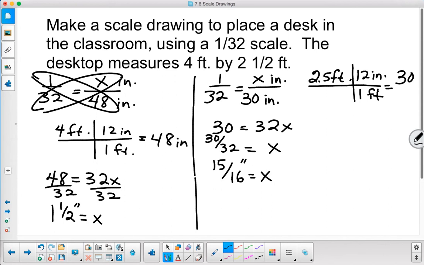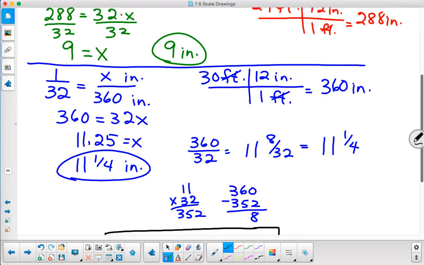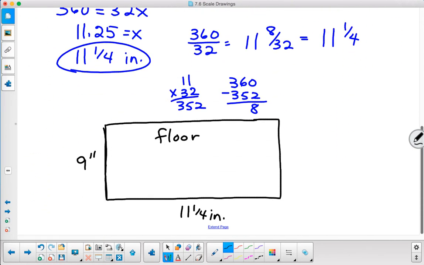So I'm going to go back to my picture and just give you an idea of what to do. So in this floor, we're going to put a desk somewhere. And that desk, I remember 15/16 and I think it was 1 and 1/2 inch. So actually measure, looking at my 9 inches and that, I don't think I drew that to scale very good.